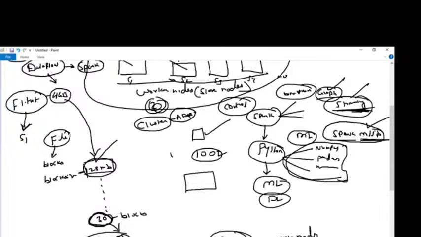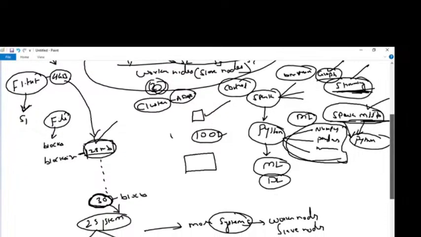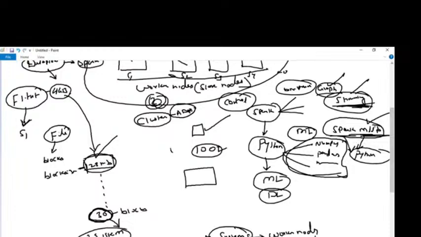Python already has a lot of modules and libraries for machine learning. That's why Spark has become very powerful because of these libraries. Spark has its own libraries too, and many modules are available.